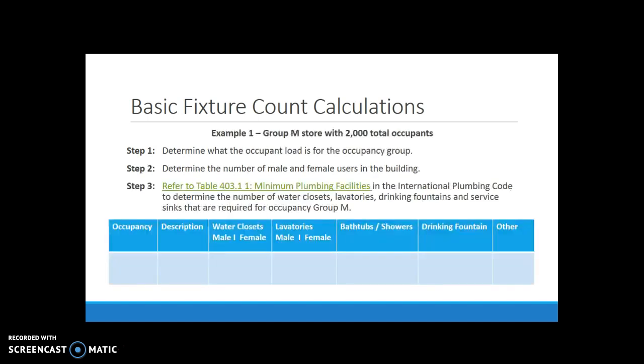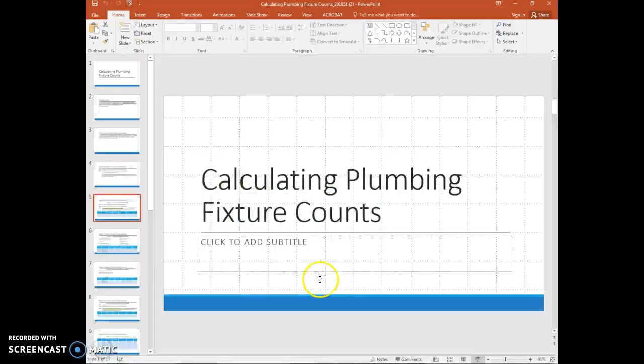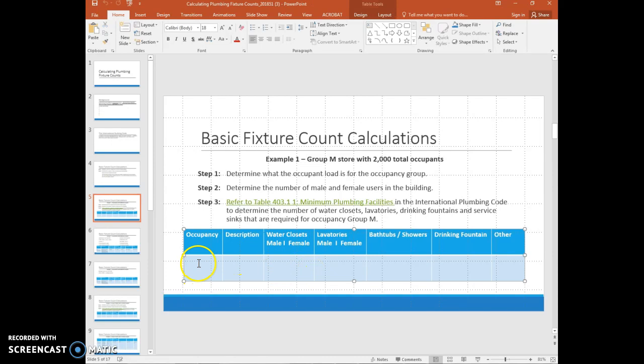So let's practice a little bit. In our first example, we have a Group M store with 2,000 total occupants. So determining the occupant load for this occupancy group is step 1. So I'm just going to click out so we can write in here.